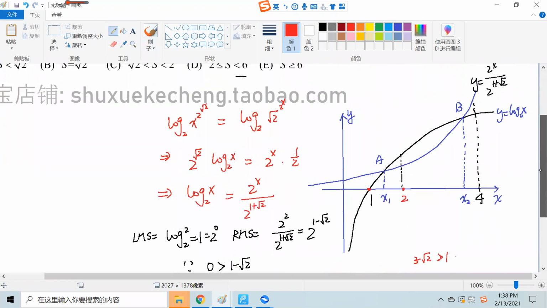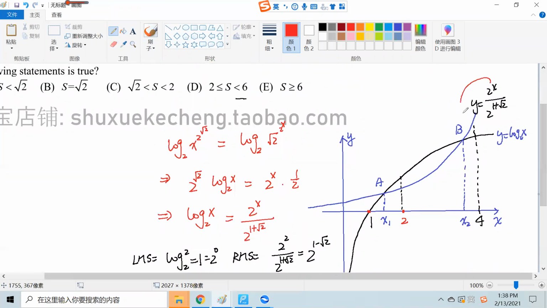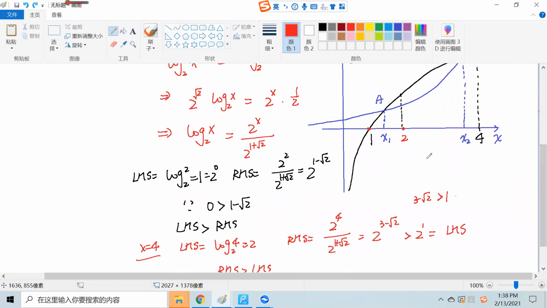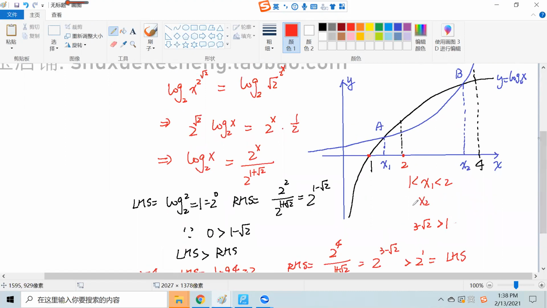右边大于左边，所以我们这个画的对的，4是在 x2 的右边。From the graph, we know that one solution x1 is between 1 and 2, and the other solution x2 is between 2 and 4.